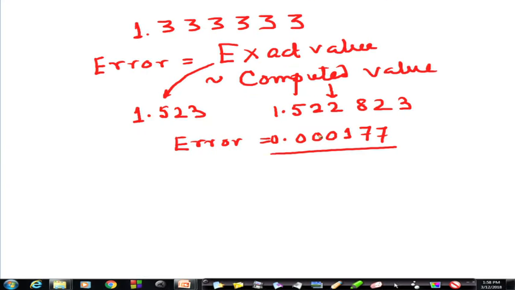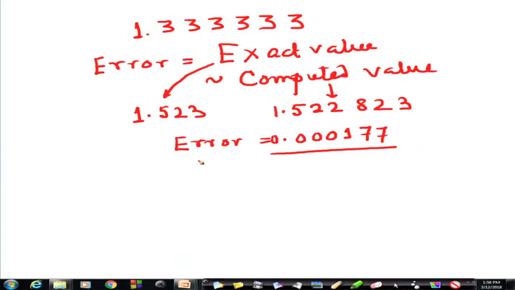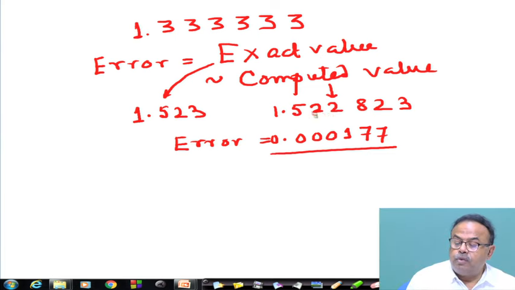I think it is very clear. Now, there are two types of errors also. One is round off error. For example, suppose the actual value was this and I rounded it to 1.52 by approximating, if I go by 2 digits.